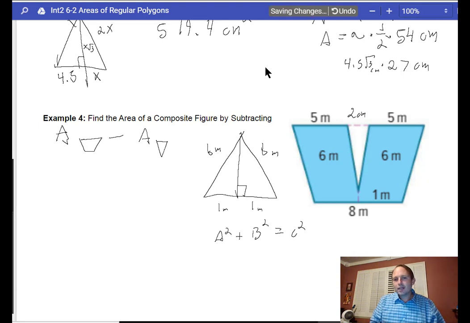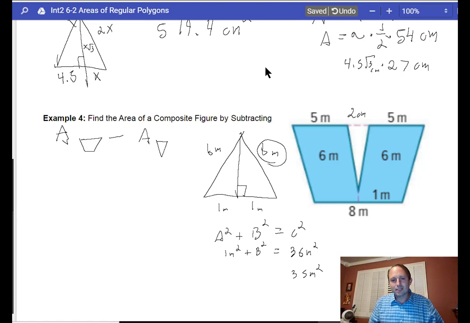So I know that this is my c squared. I have 36 meters squared is equal to, well, I'm going to say 1 meter squared, because 1 times 1 is 1, plus b squared. So if I subtract 1 meter squared on both sides, I'll get 35 meters squared.